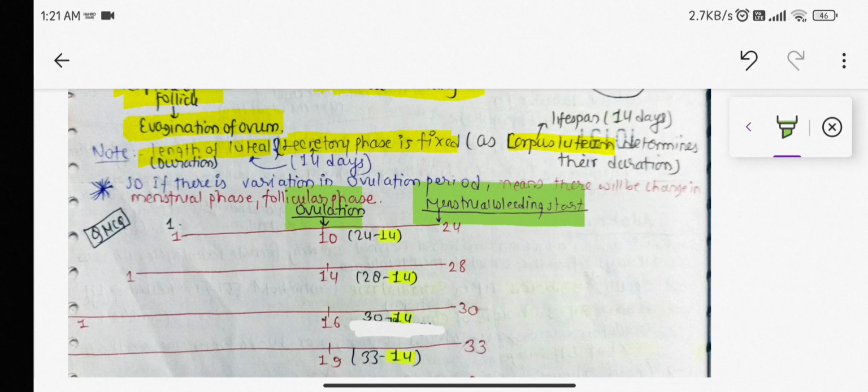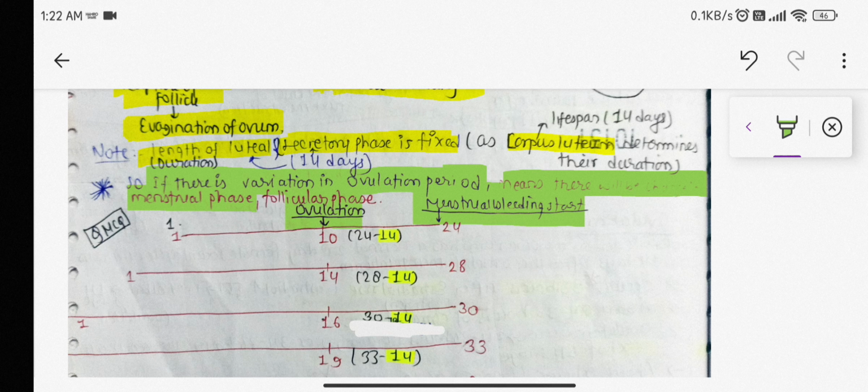So if there is variation in the time of ovulation, then there will be a change in the duration of the menstrual cycle. For example, if the ovulation day is 14, then the total duration of the menstrual cycle will be 14 plus 14 is equal to 28 days.